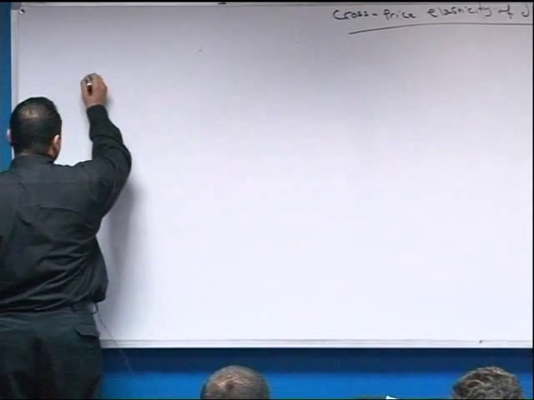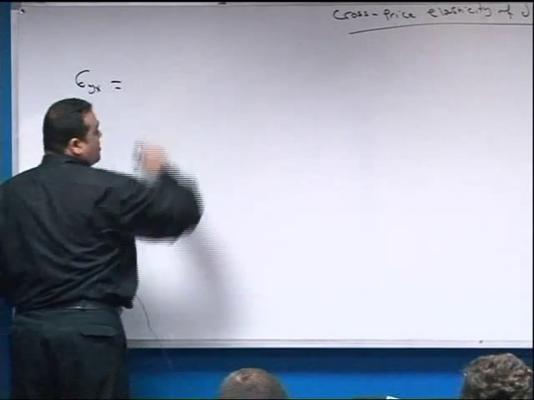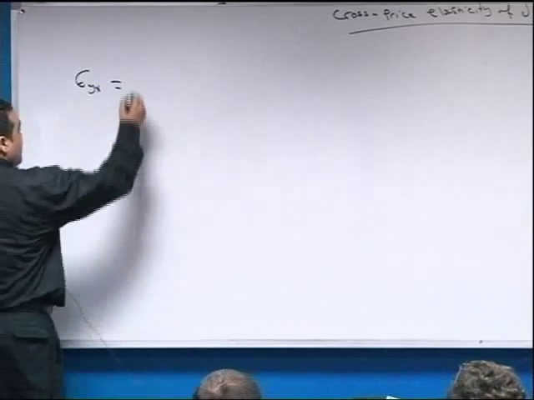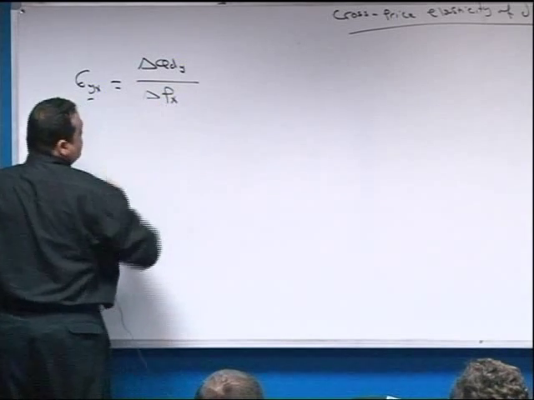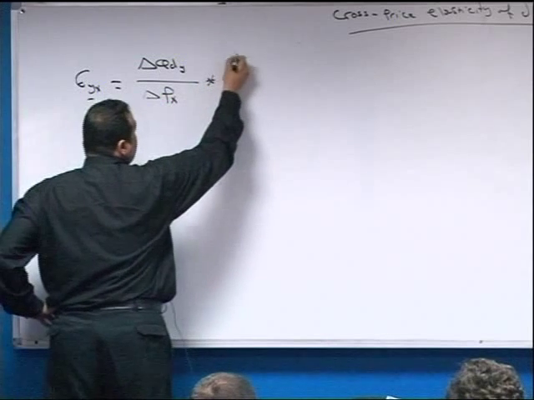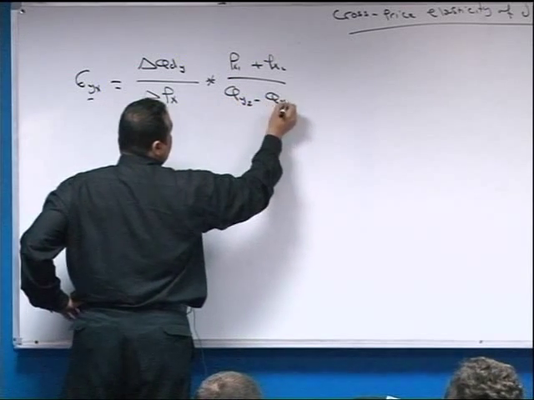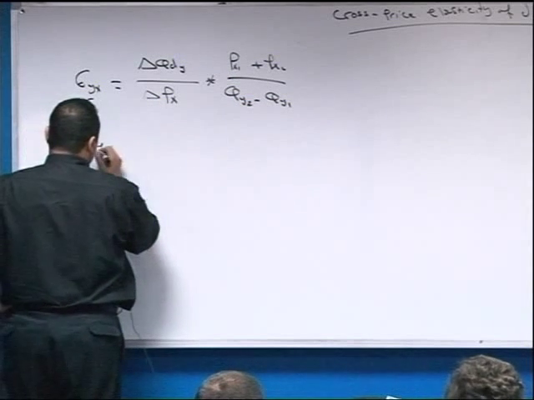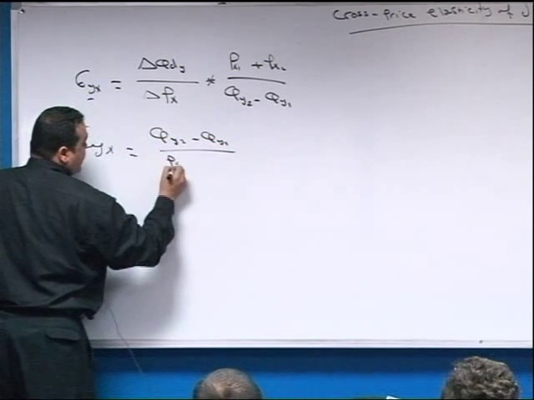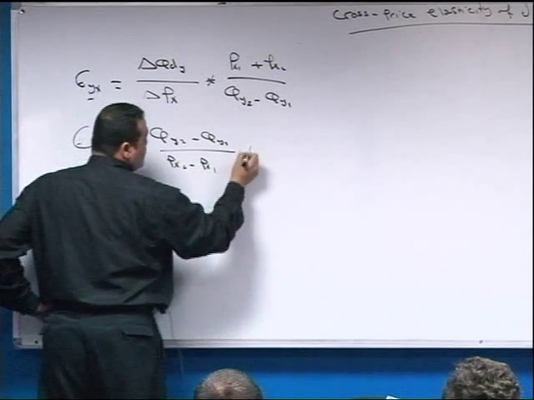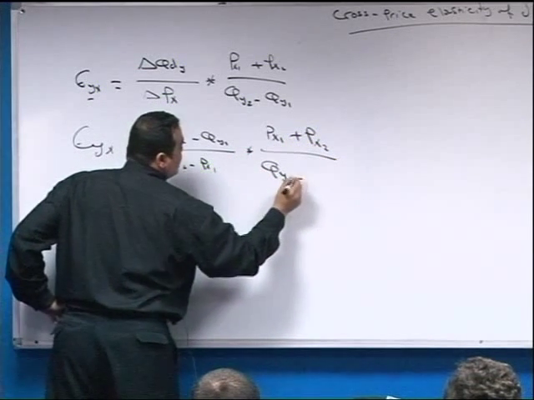So E_YX equals, we are going to use the midpoint formula directly, delta Q_D of Y over delta P_X times (Px1 plus Px2) over (Qy1 plus Qy2), or E_YX equals (Qy2 minus Qy1) over (Px2 minus Px1) times (Px1 plus Px2) over (Qy1 plus Qy2).